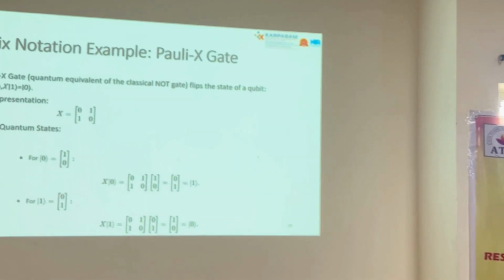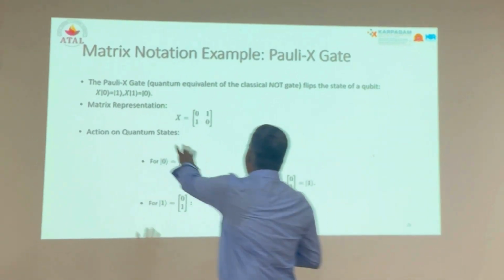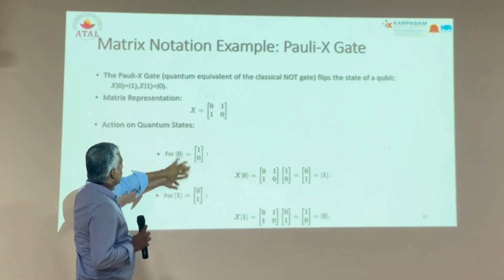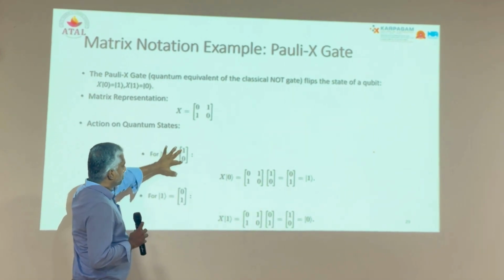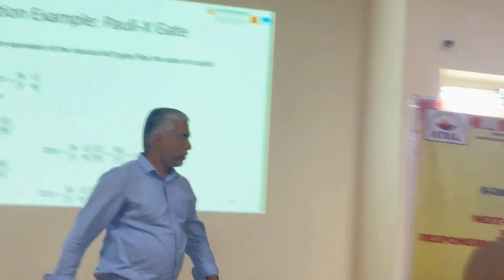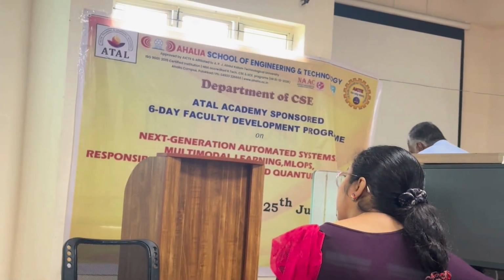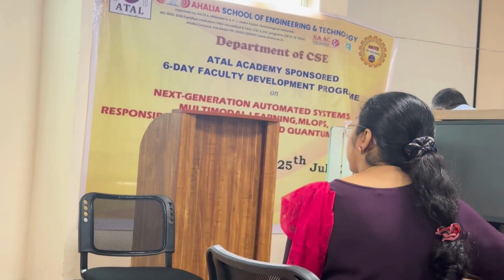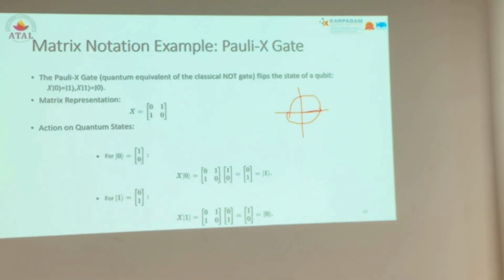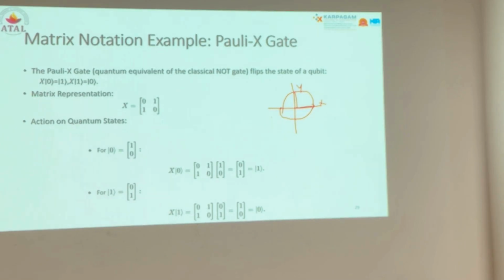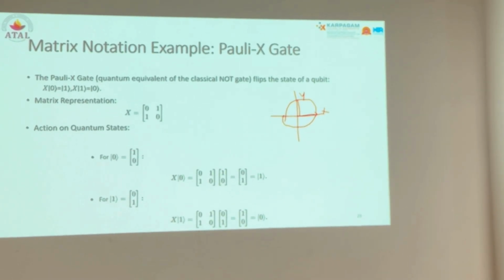As I said already, we have the X matrix representation, which we represent as X. To perform the flipping operation, 0 is usually represented as 1, 0 in the vector matrix. Consider the graph here. So here 0 means 1, 0.